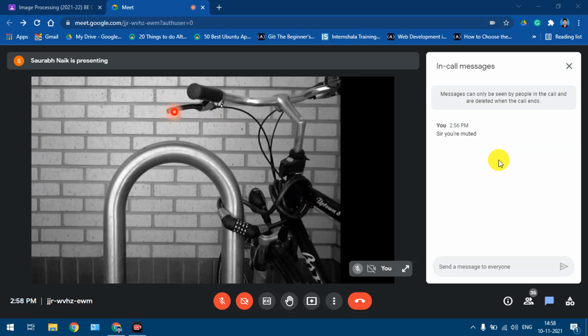If you focus on the brake lever, you can see that there is a sharp difference between the background, this brick wall, which is brightly colored, and this brake lever, which is black in color, or dark pixels. So very low intensity pixels over here and very high intensity pixels in the background.